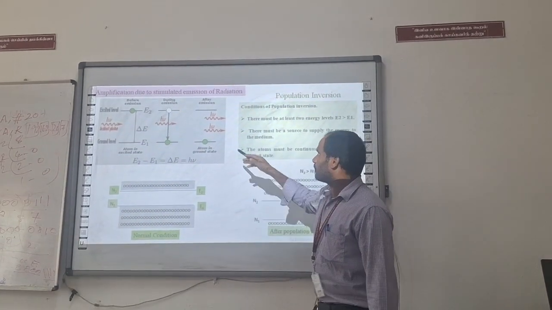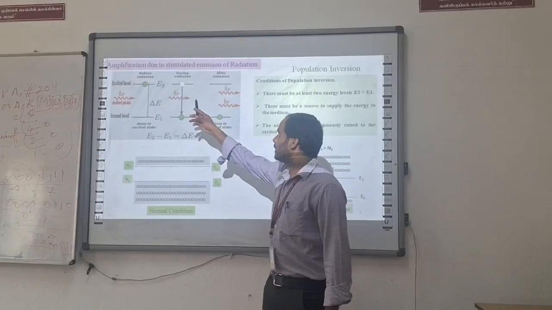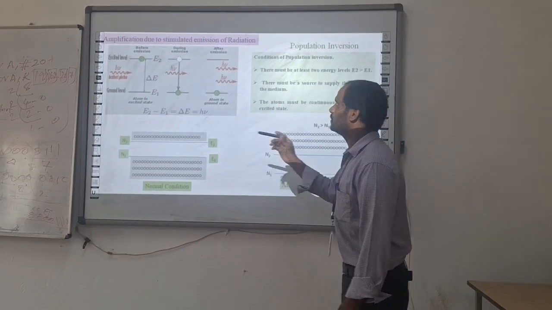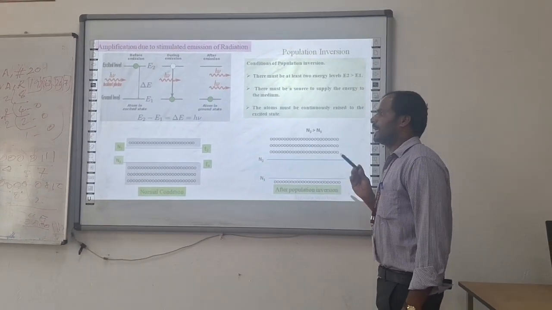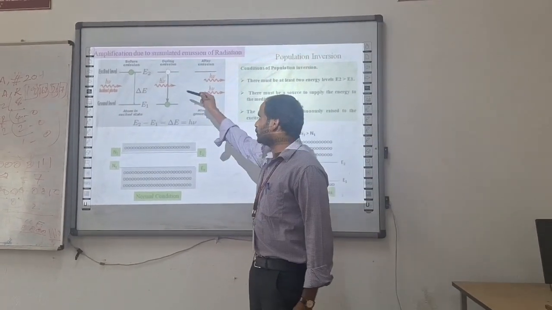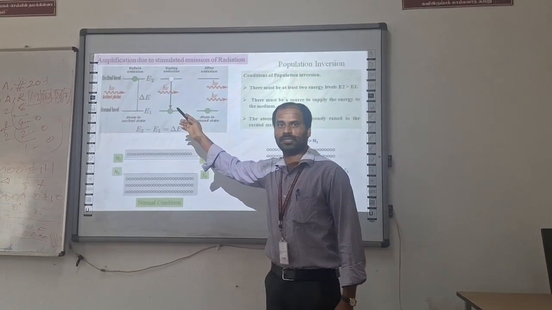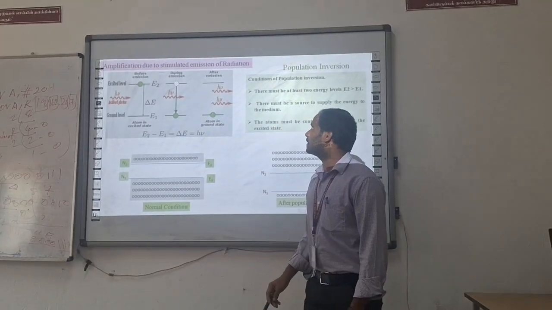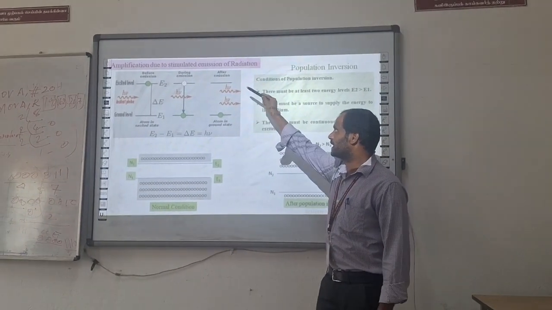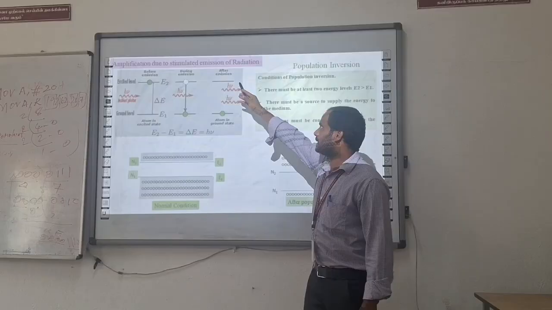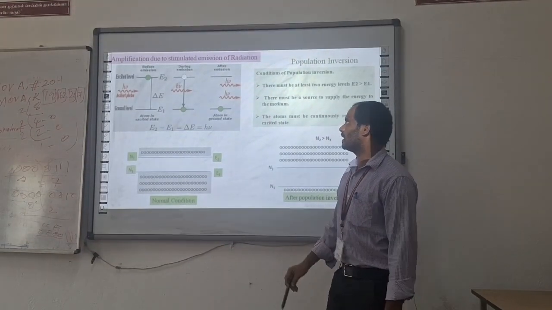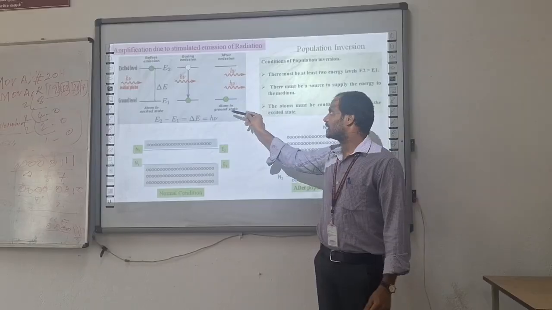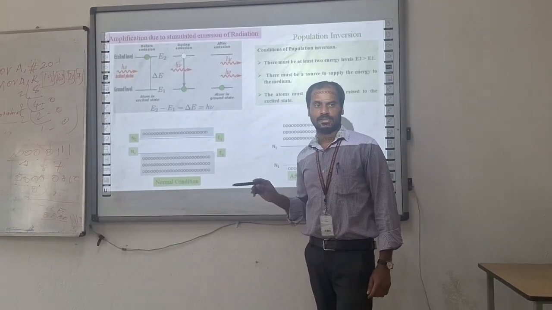Then in spontaneous emission, the excited state atom in the higher energy state comes to the lower energy or metastable state without any external agency. Another one is stimulated emission.